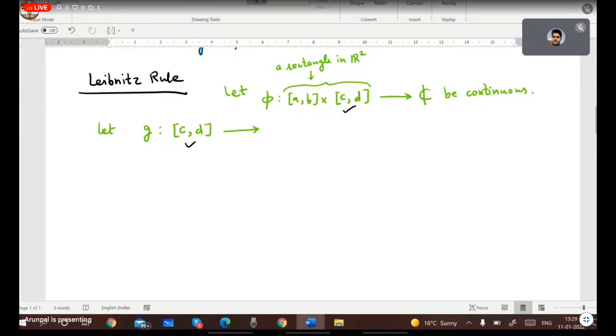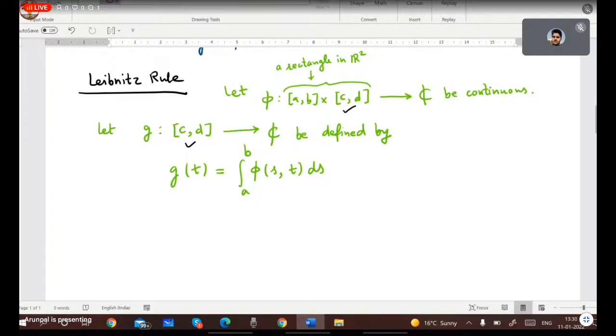So we are defining g from here into C, defined by g(t) equals the integral from a to b of phi(s,t) ds.